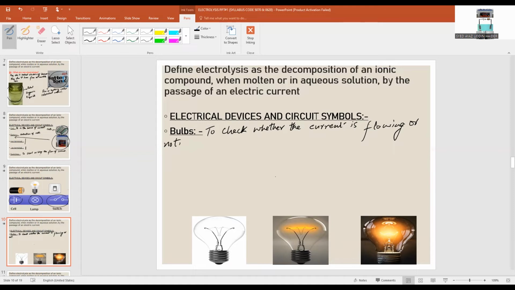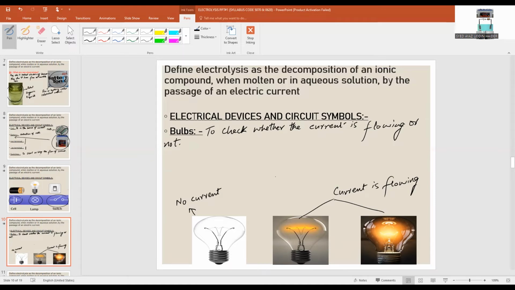If it is lit, then this means that the current is flowing. For instance, in these two cases, current is flowing. But in this case, no current, as it is not lit, it's not glowing.